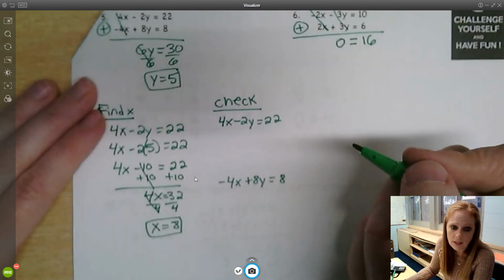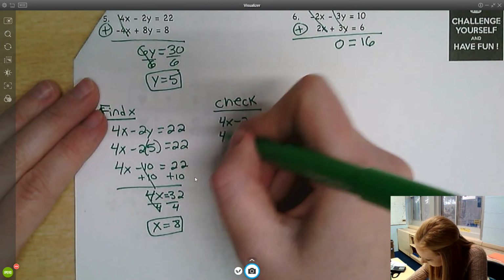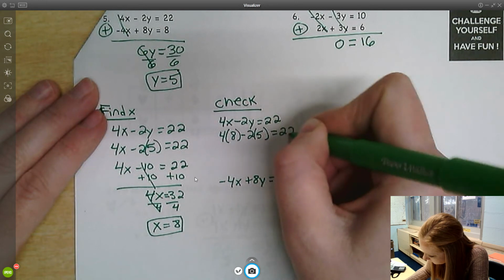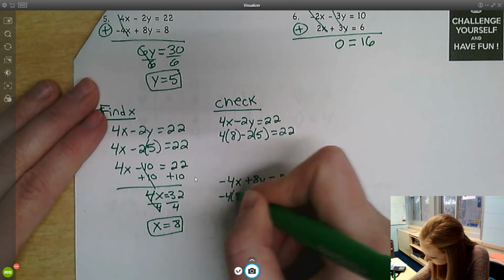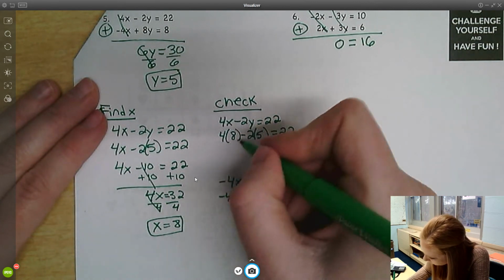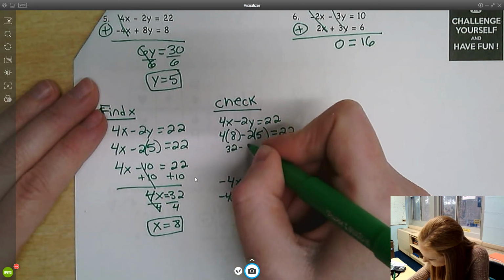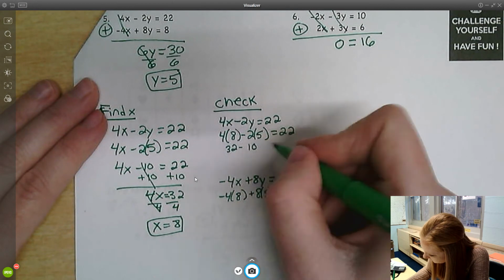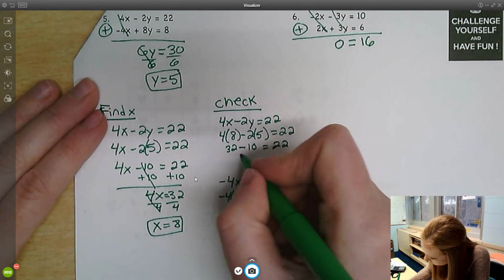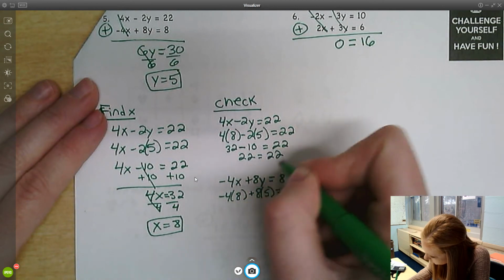And you're going to plug in 8 for x and 5 for y, because that's what we found. 8 for x, 5 for y, and see if they check. So 4 times 8 is 32, minus 2 times 5, so 10, or negative 10, see that? 32 minus 10 is 22, so 22 equals 22.